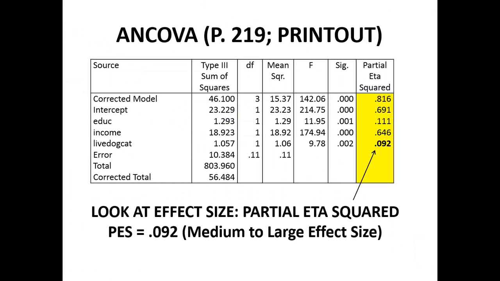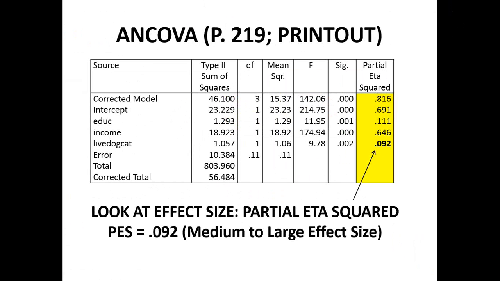So the partial eta squared produced is 0.092. So that's certainly not the biggest because income is 0.646, which is tremendously high, right? But we could see that living with a dog or a cat, right, has a medium to large effect size on your level of happiness.